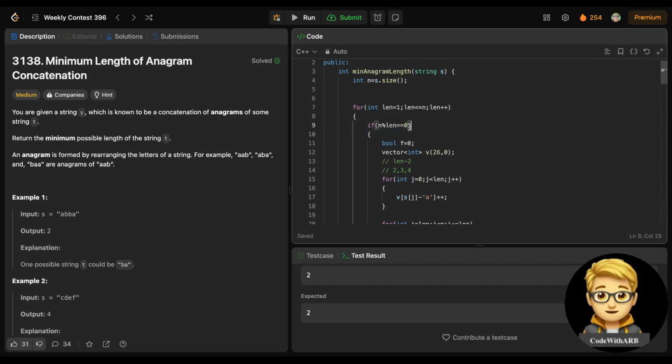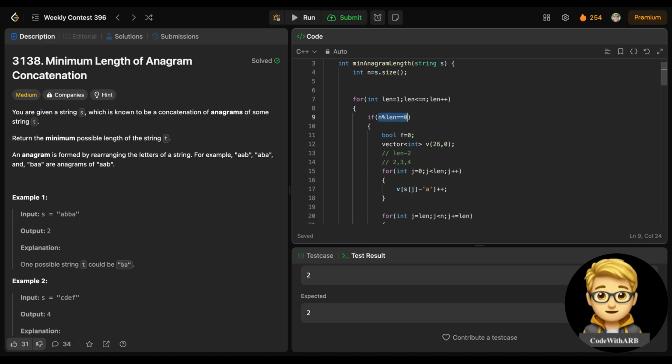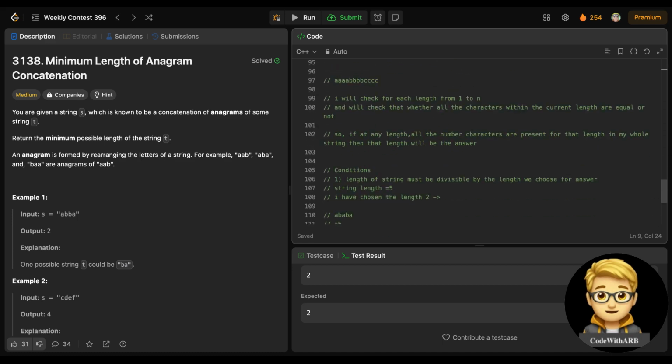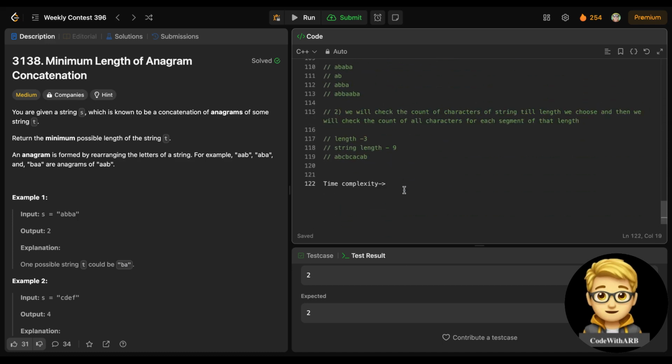What this condition means is that every length should divide n, right? So at worst case, this can be done for root n times, if you know that a particular number can be divisible by only root n times, right? So that will be root n for that condition.